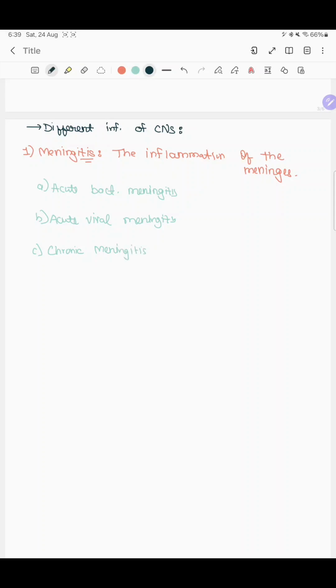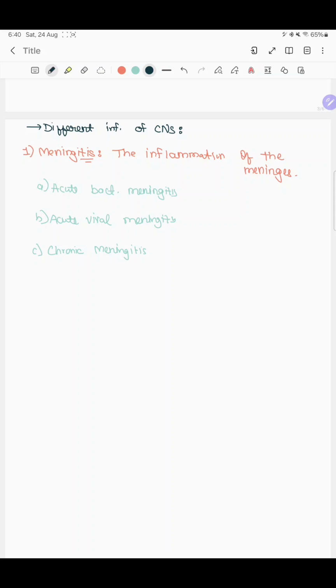The causative agents for acute bacterial meningitis include pneumococcus, H. influenzae, meningococcus, or Streptococcus agalactiae. For acute viral meningitis, it includes mainly herpes virus and enteroviruses. Chronic meningitis will include bacterial agents like Mycobacterium tuberculosis, or viral or parasitic or fungal agents. The fungal agents will include Cryptococcus.